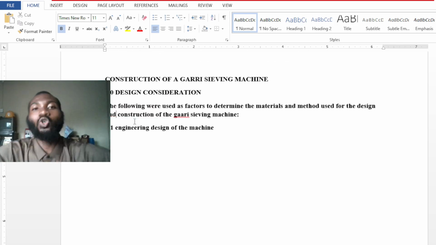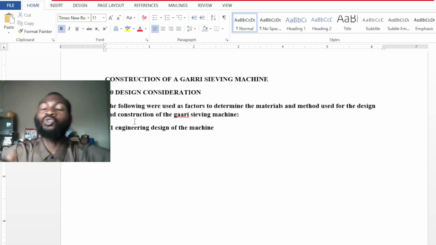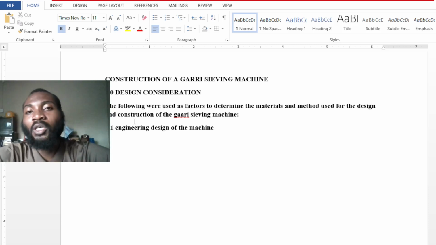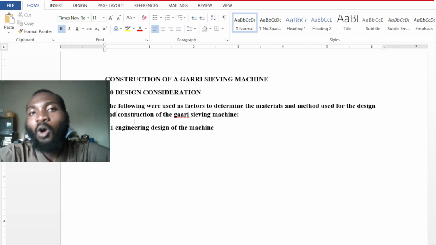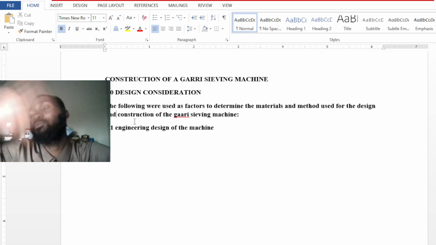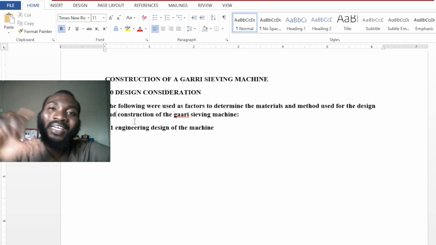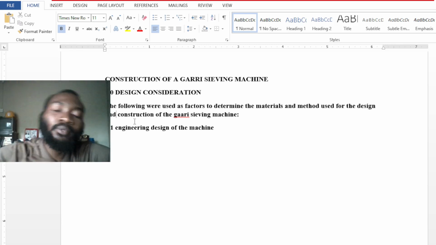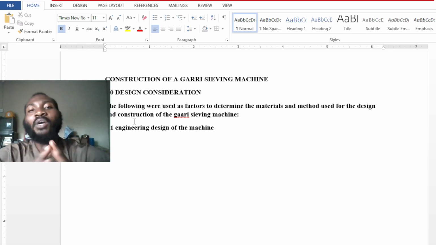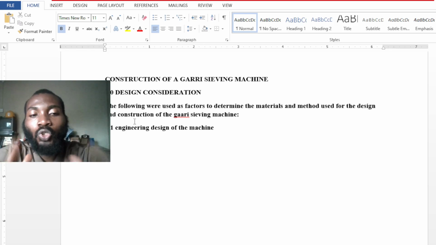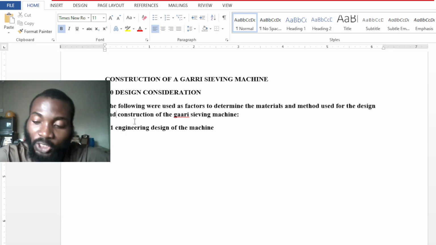So maybe you've used AutoCAD or SolidWorks to draw your machine. You need to put the assembly drawing alone here. Other drawings, the working drawings, can go to the appendix, but the assembly drawing will be here in the engineering design of the machine. You also need to specify which software you used to make the design of the machine.